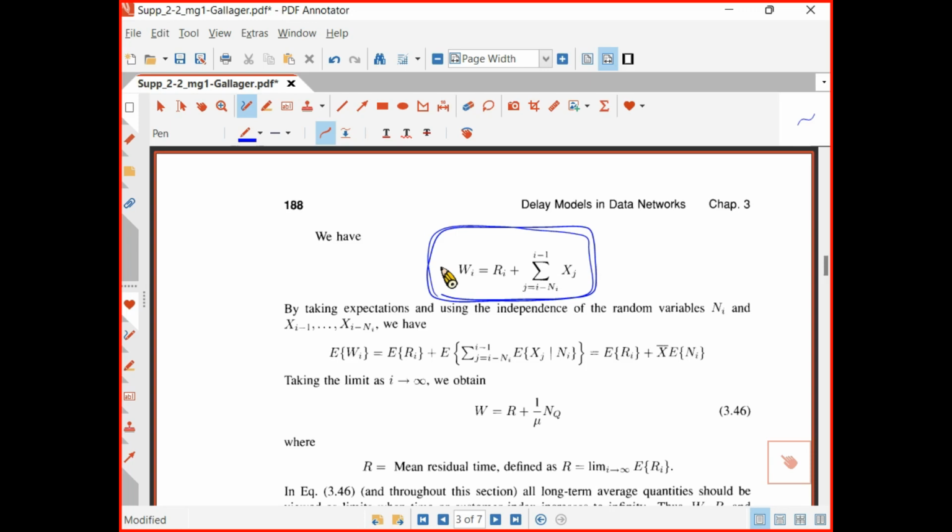This one, residual time means... I have maybe misinterpreted. The service time actually should be R sub i: the i-th customer arriving to the current system, staying in queue, but seeing some customer in the server, and the remaining time.